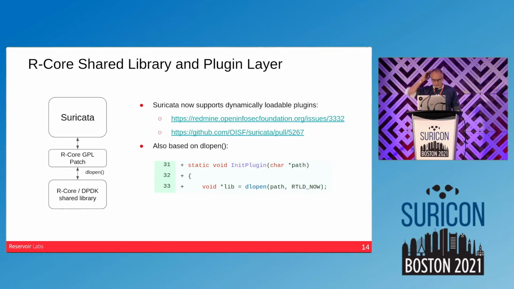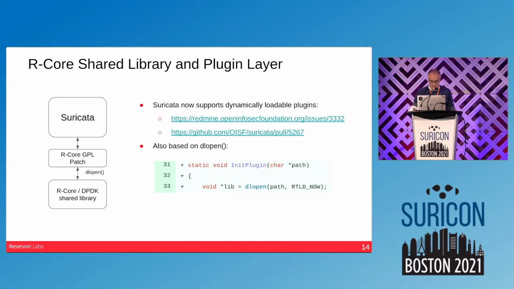But there is this very nice development that provides a dynamically loadable plugin capability. Here are the pointers to the conversation and the pull request. The pull request came a couple of months ago, so it's very recent, but the conversation has been going on for more than a year.